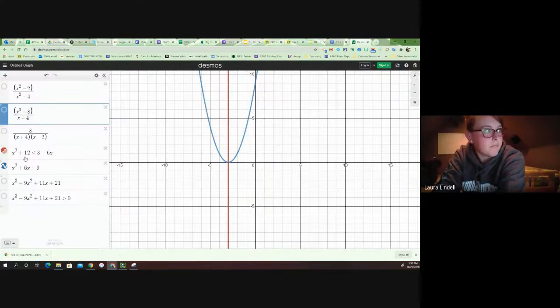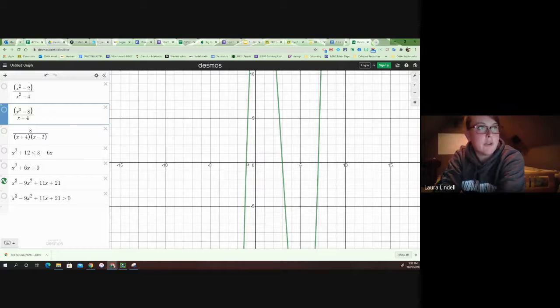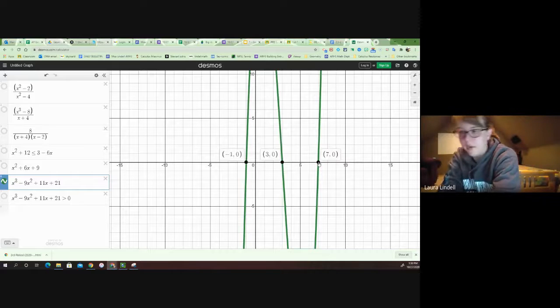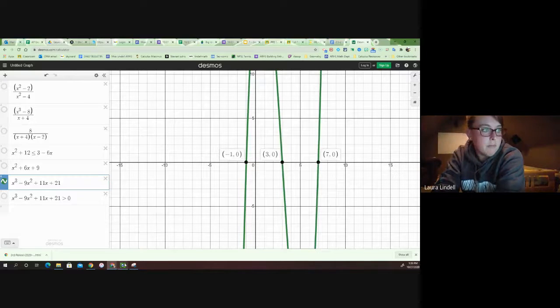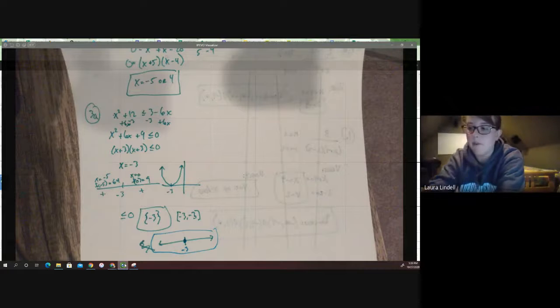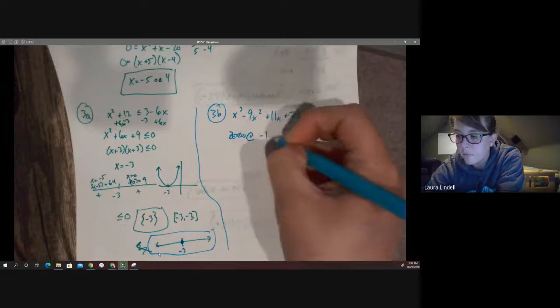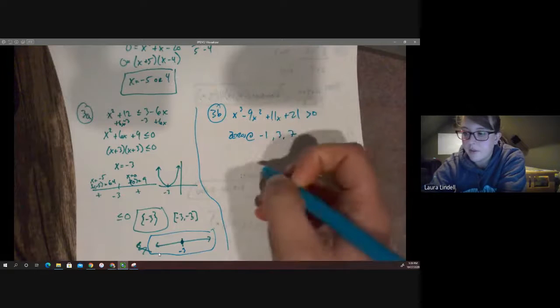If I toss just the cubic in, we notice that our zeros are at -1, 3, and 7.